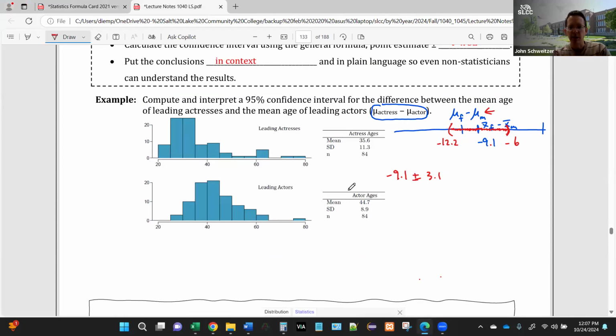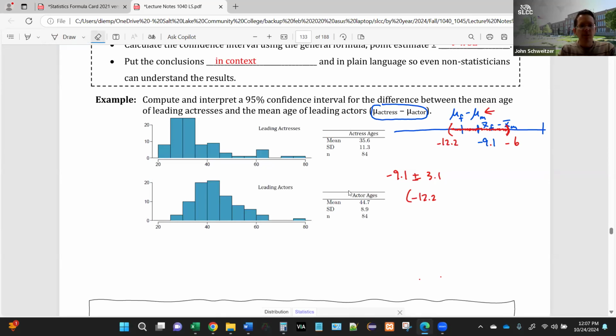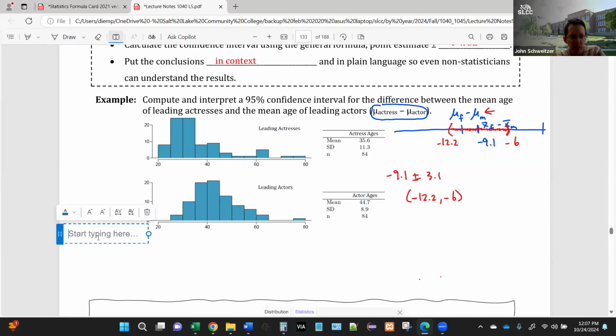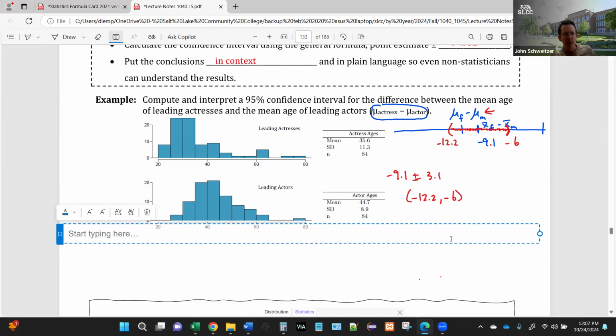Let's write down the confidence interval. The confidence interval is negative 12.2 to negative 6. And how do we interpret it? Well, the first interpretation is just like the other interpretations we've done before. It has the same exact three parts to it.